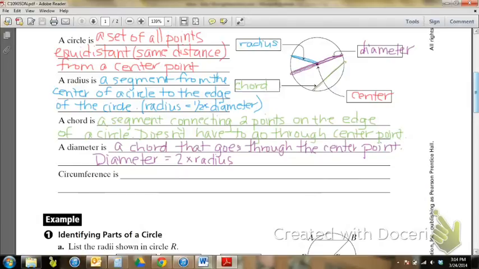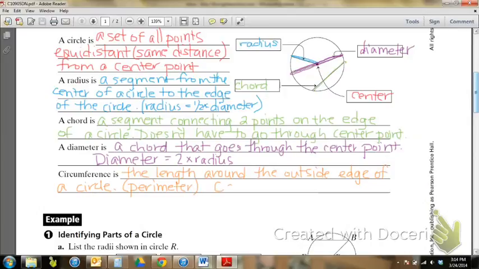And finally, your circumference is the length around the outside edge of a circle. It's like perimeter, but we don't have any sides to add up, so it gets a different name.